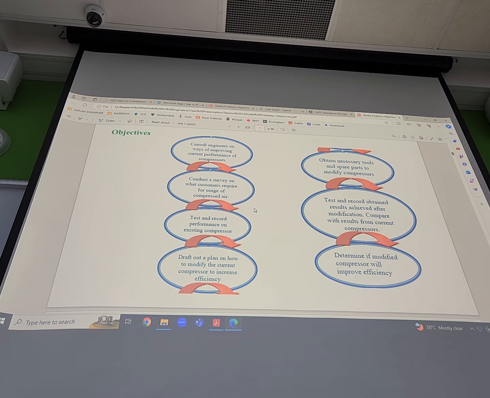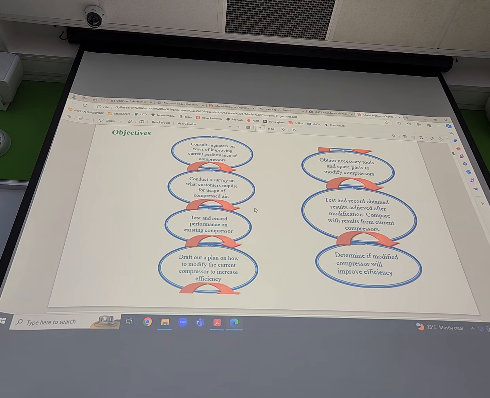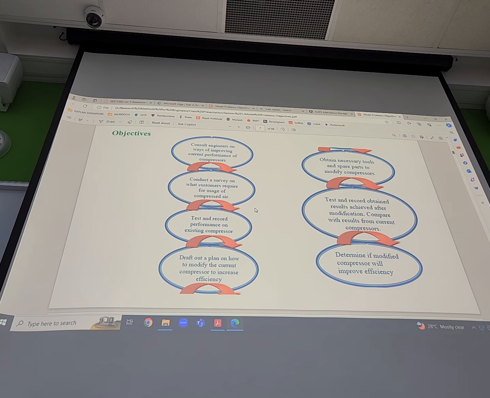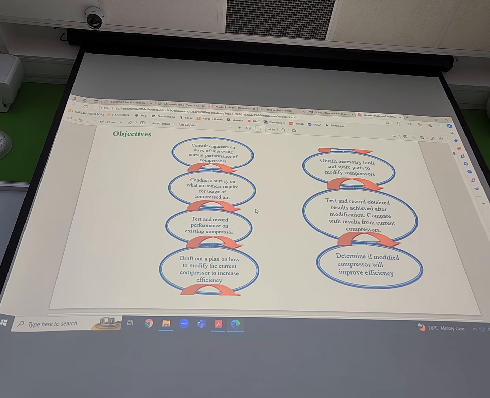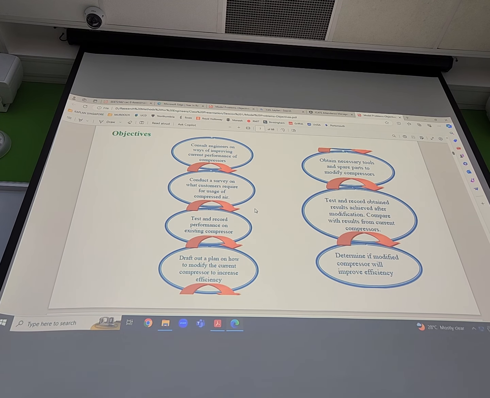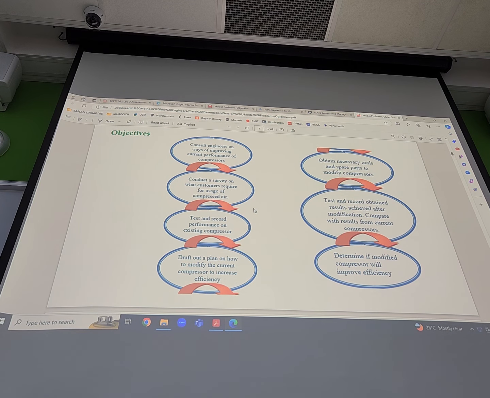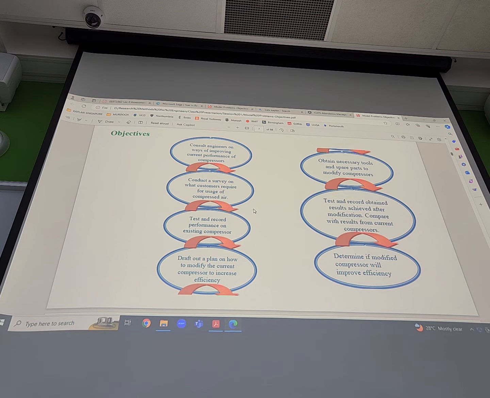So this is a bit of methodology, how you are going to increase the efficiency of a compressor.